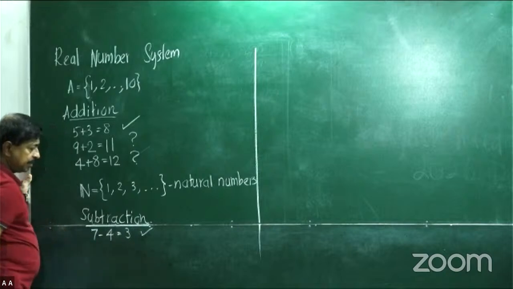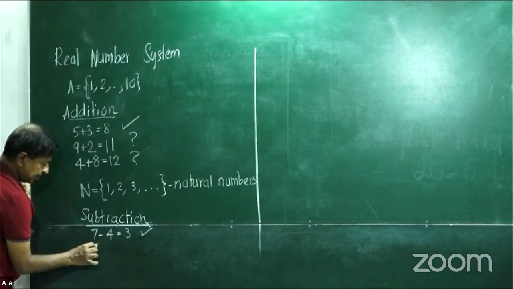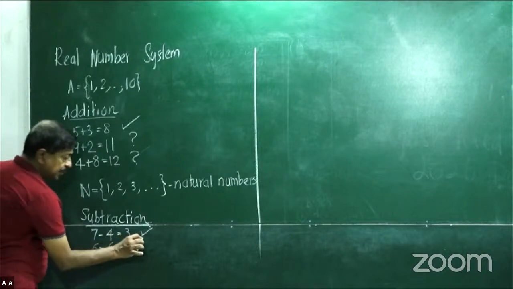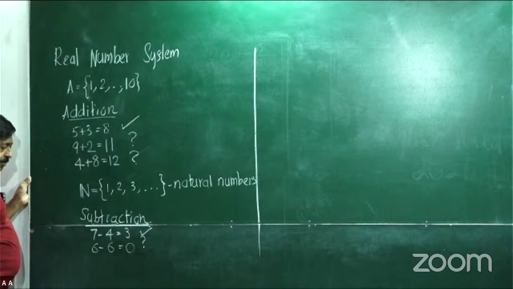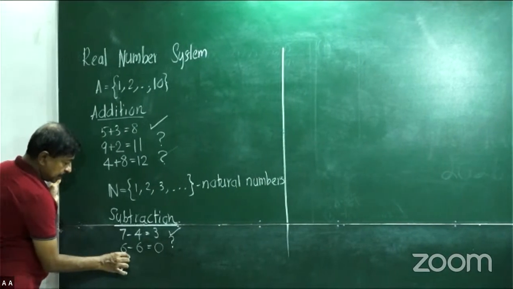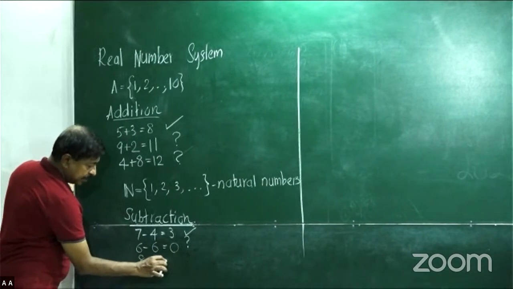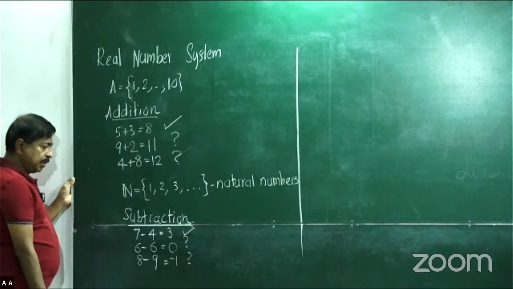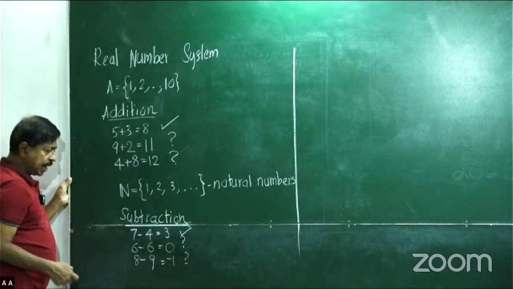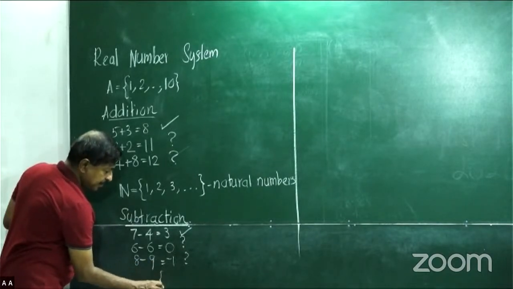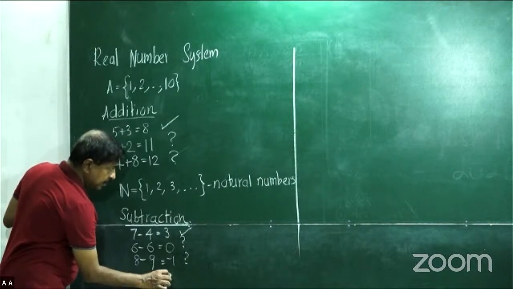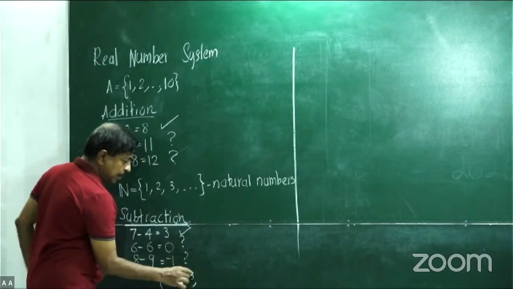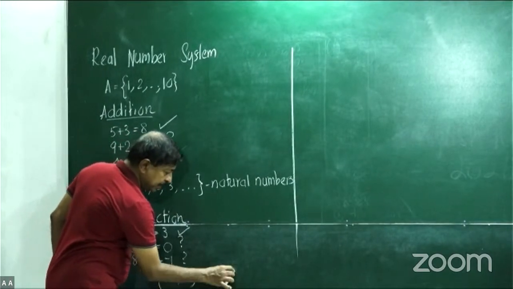It is in this set. 6 minus 6 is 0. It is not in the set. And if you take 8 minus 9, it is minus 1. It is also not in the set. Therefore, some new numbers were added to the system. And finally, they had this set, minus infinity all the way up to plus infinity, but we know only the integers.